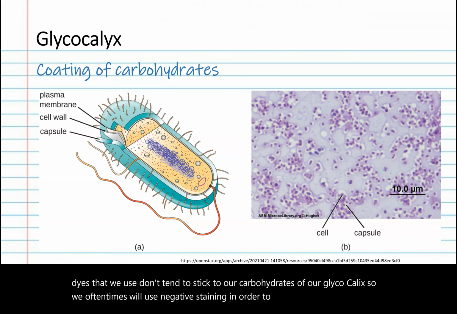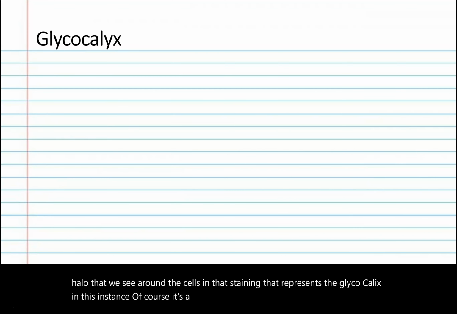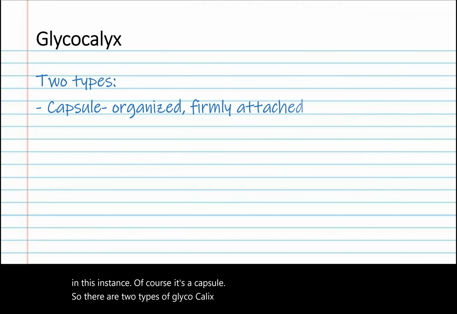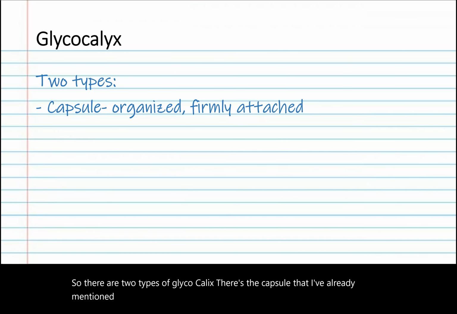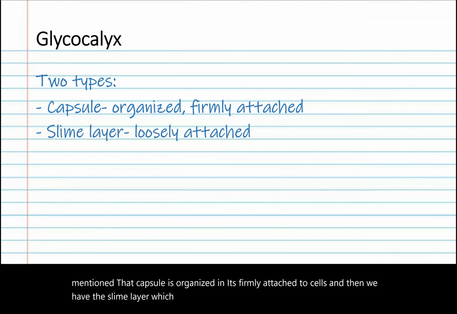So that white halo that we see around the cells in that staining represents the glycocalyx. In this instance, of course, it's a capsule. So there are two types of glycocalyx. There's the capsule that I've already mentioned. The capsule is organized and it's firmly attached to cells. And then we have the slime layer, which is loosely attached and less organized than the capsule.